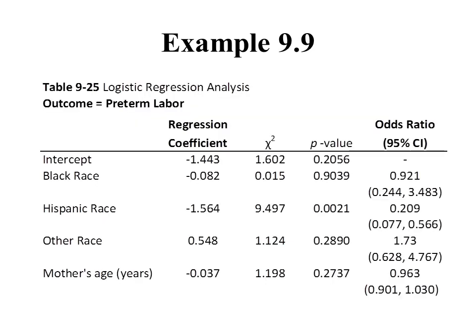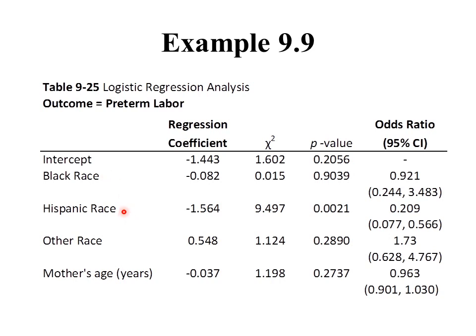And so the results are given here in table 9.25. The book never gives the raw data because that'd be very complicated to display. But what they have here is 4 different predictor variables. The first 3 are indicator variables. Black race, so that variable would equal 1 if the mother is black, 0 if they're not black.